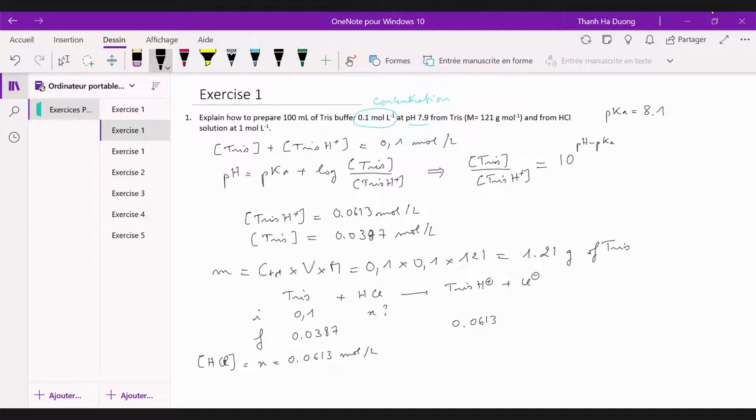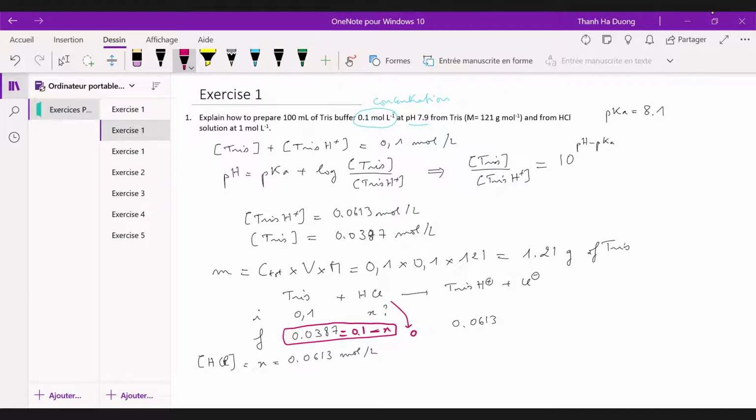Indeed, you have a total reaction. So all the acid you put will react with the tris, and this concentration corresponds to 0.1 minus X. And all the acid that reacts with the tris, for the acid here, it will be 0.